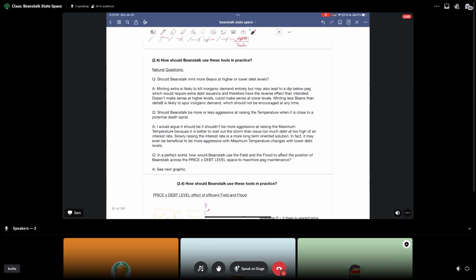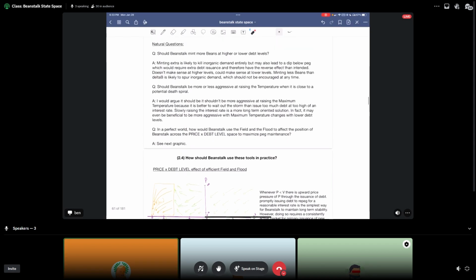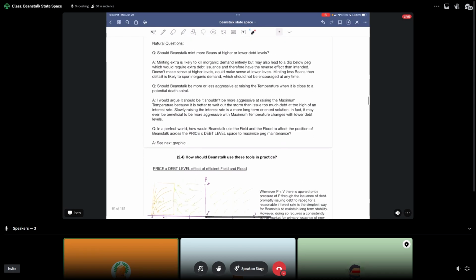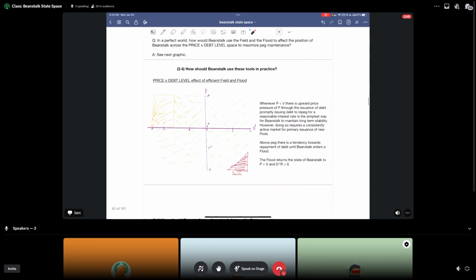Okay. So, given what we know about price and debt level and the fact that Beanstalk could collapse, what do we want the force supply to look like? This is what we want. Once the force has been applied, this is the new net effect on the system we want.